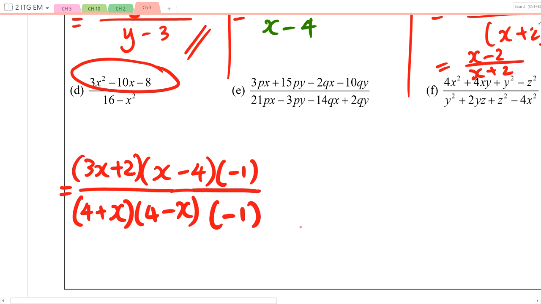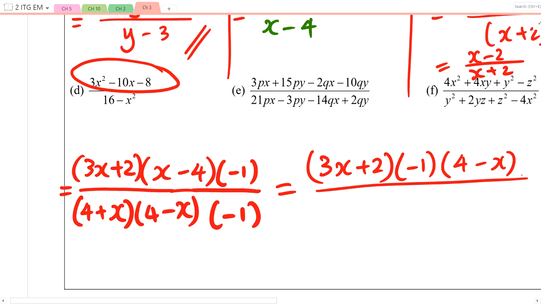Okay? So let me just leave it like this. Now I'm going to continue first. So this gives me 3x plus 2 with a negative 1. And now this becomes 4 minus x divided by 4 plus x.